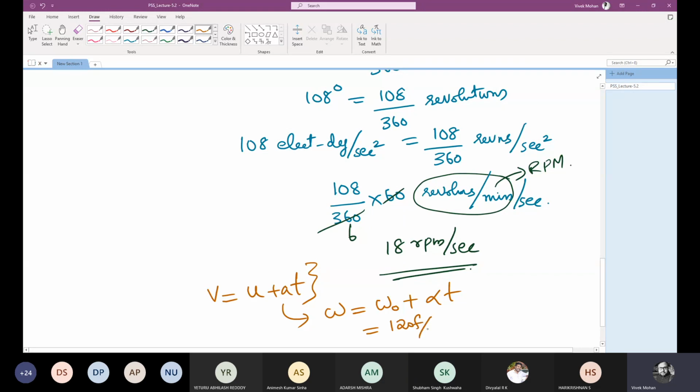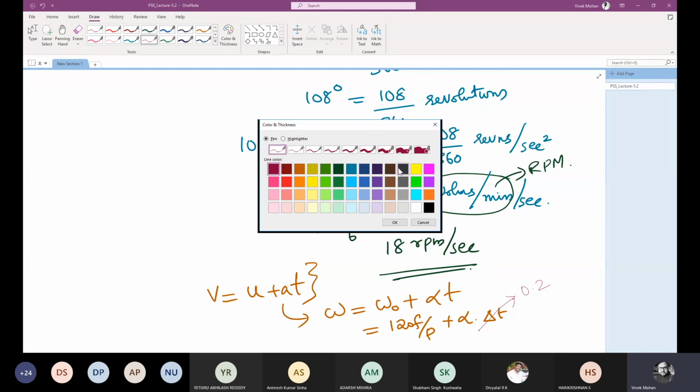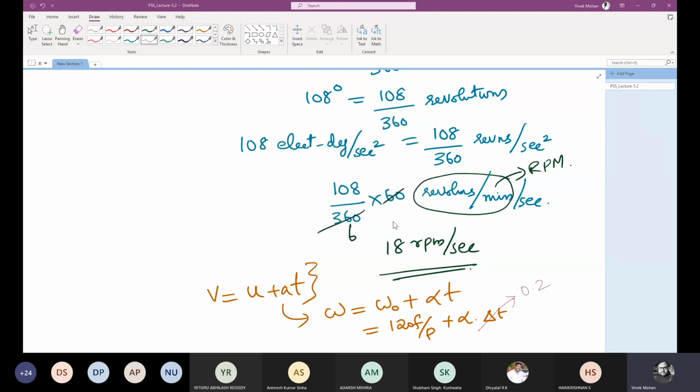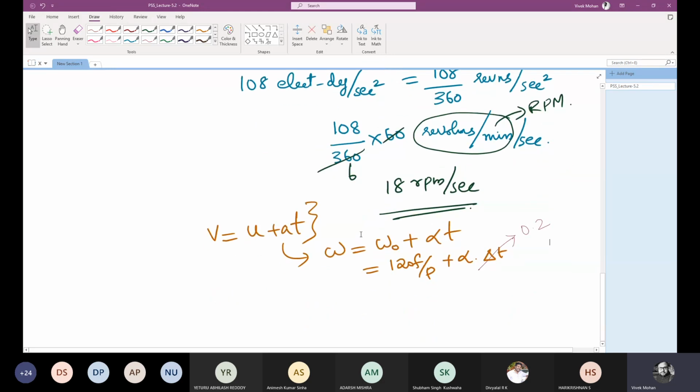Omega naught is 120 f by p, because initially it is running at synchronous speed, plus alpha into delta t. What is delta t? 0.2 second, converted to minutes. Can you calculate it? 120 f by p is 120 into 60 divided by 4, which is 1800, plus 18 into 0.2.